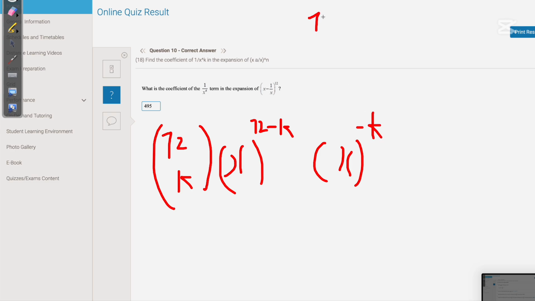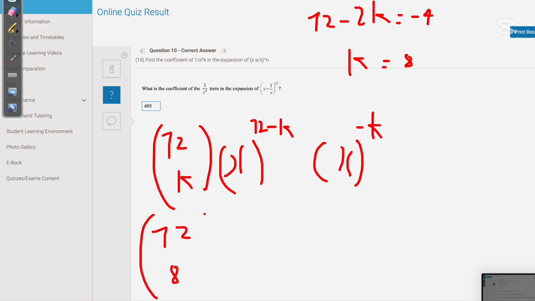So 12 minus 2k is equal to negative 4. So k is equal to 8. So 12c8, x to the 4 times x to the negative 8. So just do 12c8 since the coefficient of x is 1 in this case. So 12c8, which is 495.